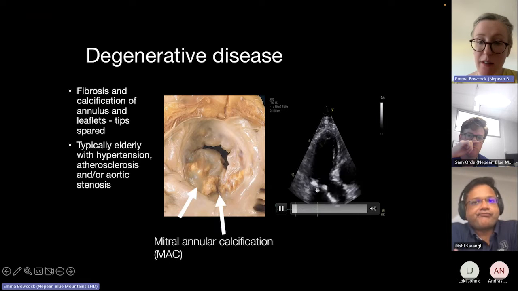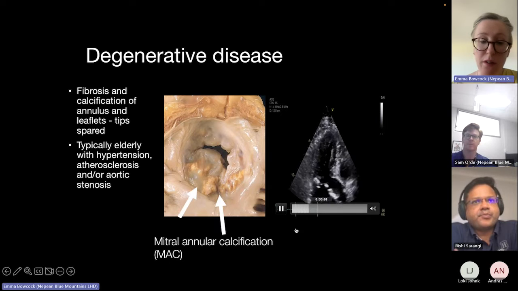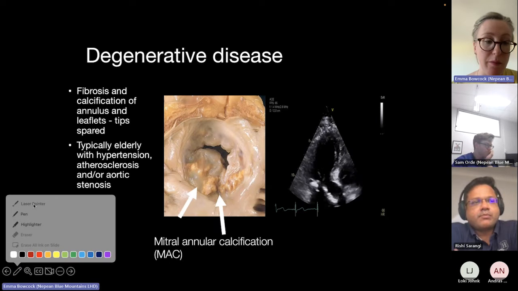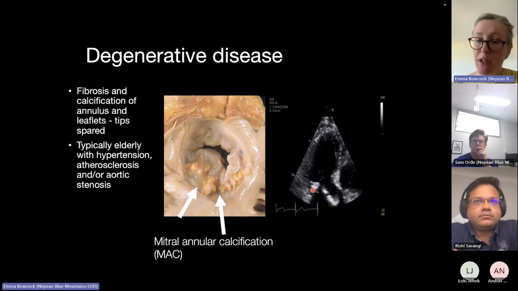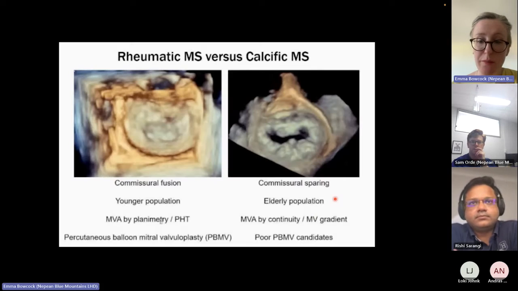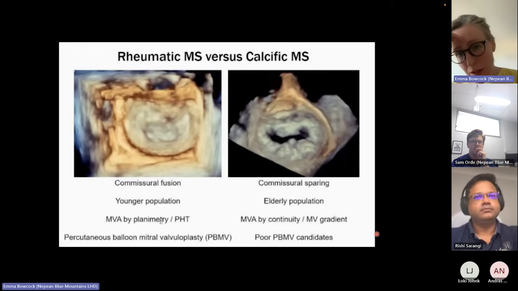And you can see that here, we see this not infrequently, I suppose. This sort of mitral annular calcification tends to be quite prominent on the posterior mitral leaflet, but also can affect the aortic mitral curtain.